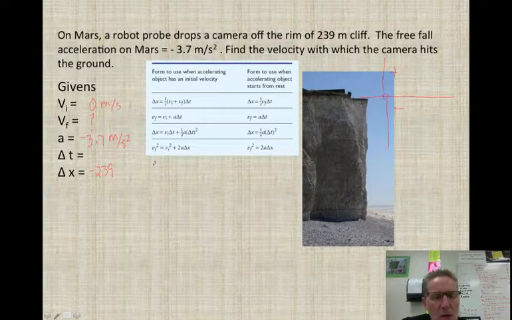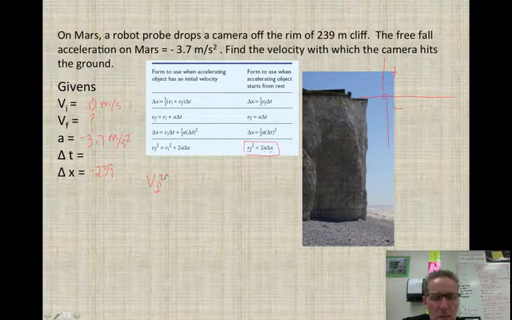So we need something that has velocity final, and we have displacement, and I'm going to go with this one right here because we have an acceleration, we have a displacement, and we're trying to find that, and this works out perfectly for us.